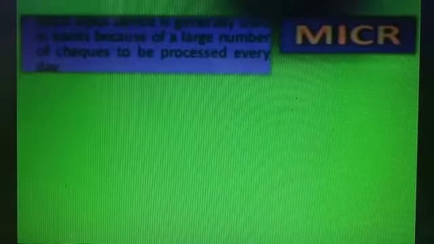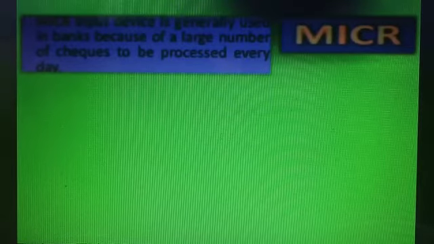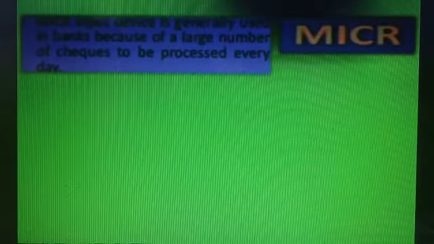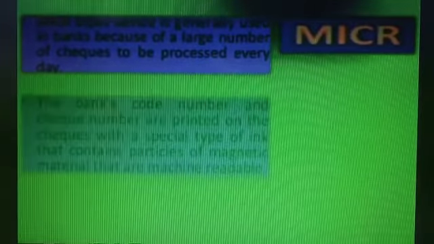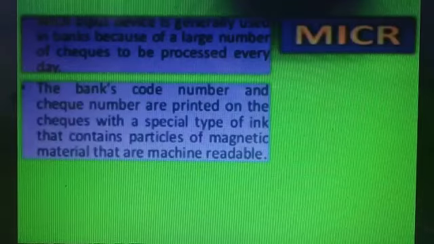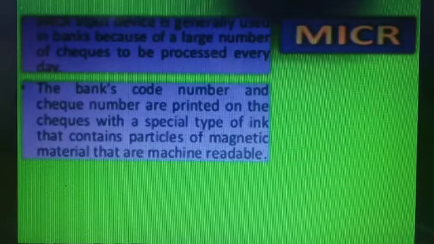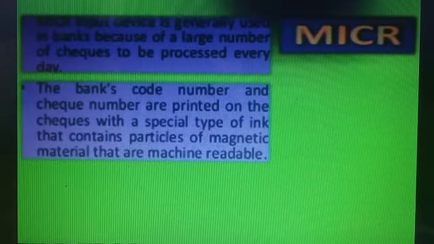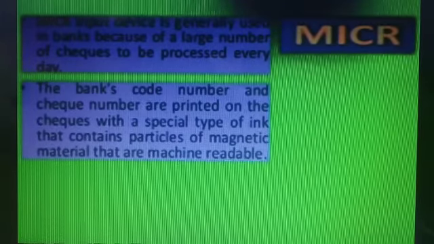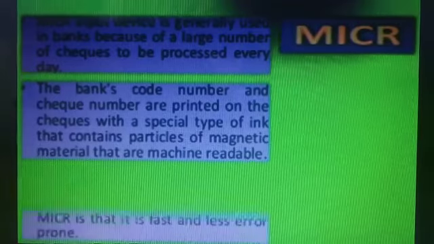Now we study MICR. The MICR input device is generally used in banks because of the large number of checks to be processed every day. The bank's code number and check number are printed on the check with a special type of ink that contains particles of magnetic material that are machine readable.